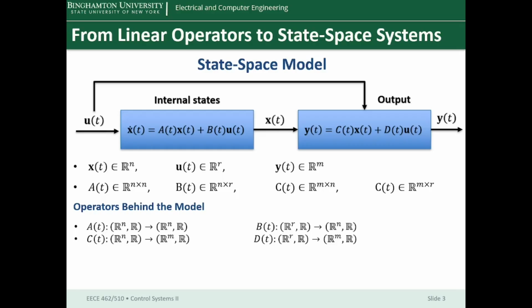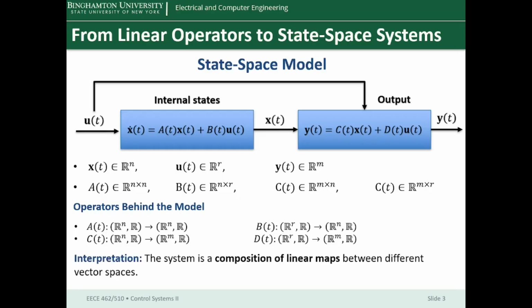So when we look at all of these together, the state space model is really a set of linear operators, matrices A, B, C, and D, that map between different vector spaces. In other words, the whole system is a composition of linear maps, and understanding those mappings, that geometry, is what lets us truly see how the system behaves.